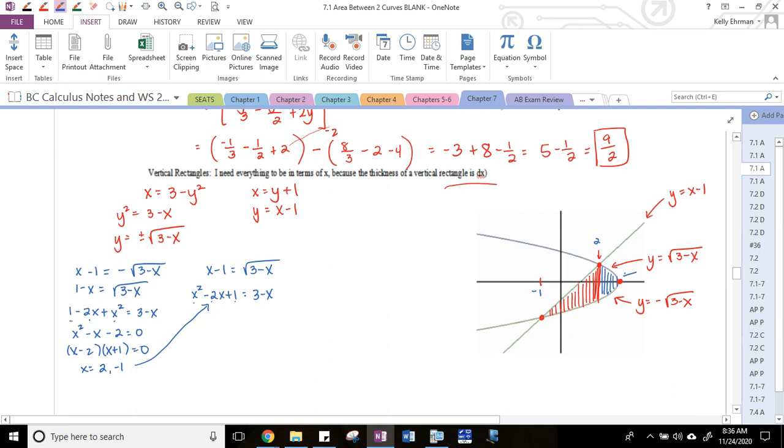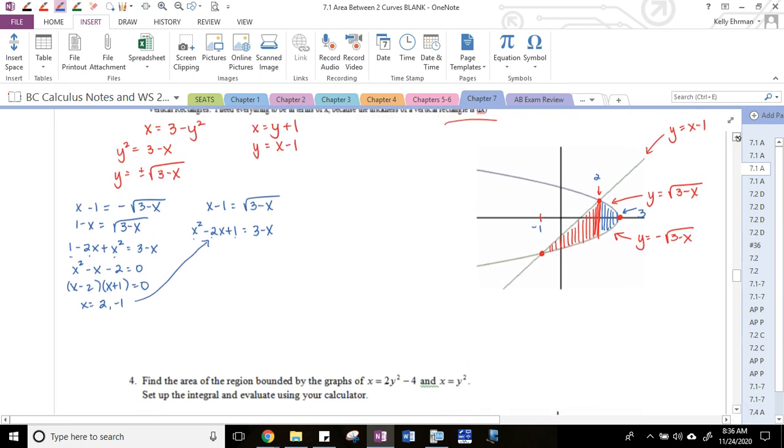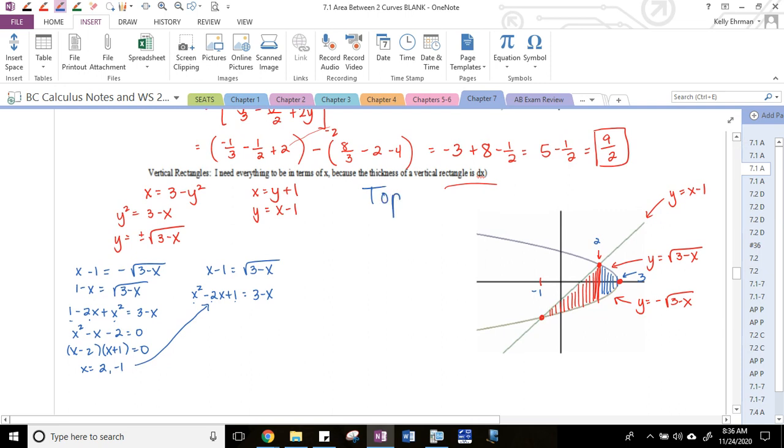And then what about this end point? Well, right here, what does x have to equal for square root of 3 minus x to equal 0? That has to be x equals 3. Okay, so again, we are thinking top minus bottom. So let me section off my work here.